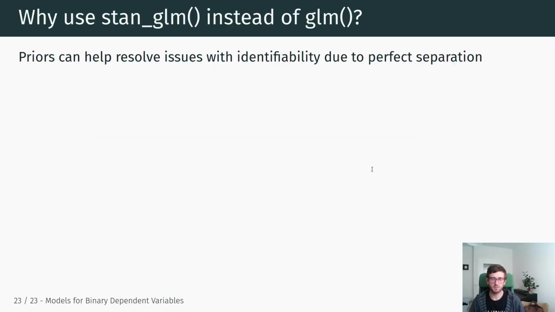Just lastly, before I finish, I just want to show you one quick justification of why we go through the trouble of using Stan rather than just the base R GLM function. One thing that we already discussed is the advantage of being able to directly account for uncertainty, using these simulated draws from the posterior distribution to quantify uncertainty in different quantities of interest.